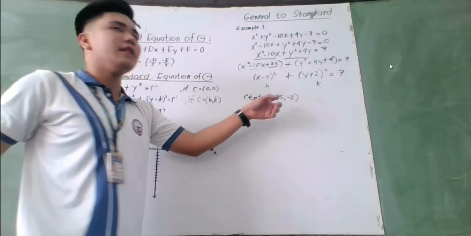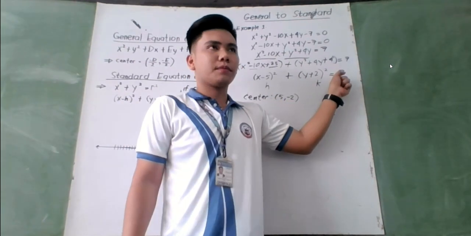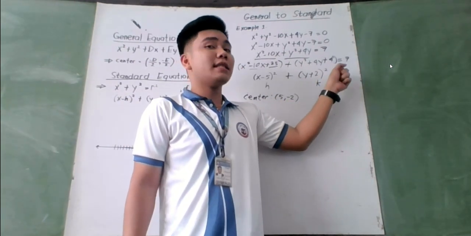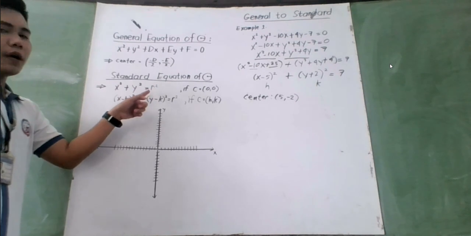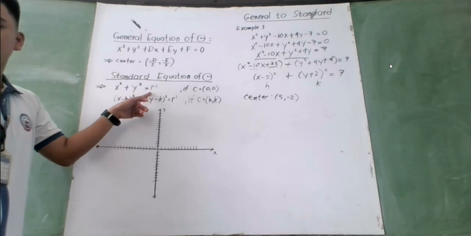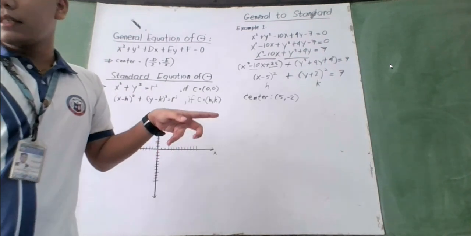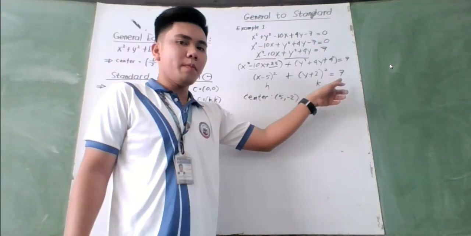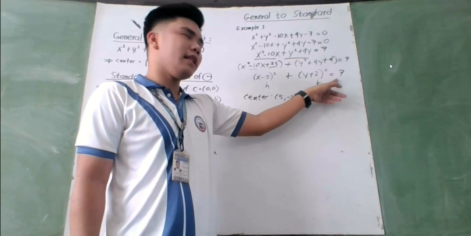This is now our center. And we know now our radius. Our radius is not 7. Take note that this is equal to r squared, right? But again, class, hold on for a moment. We missed something. This is not the radius yet.